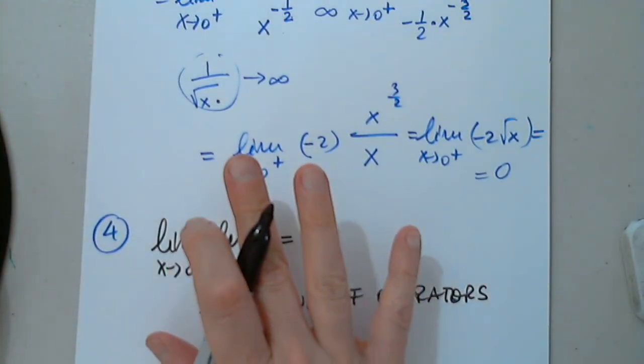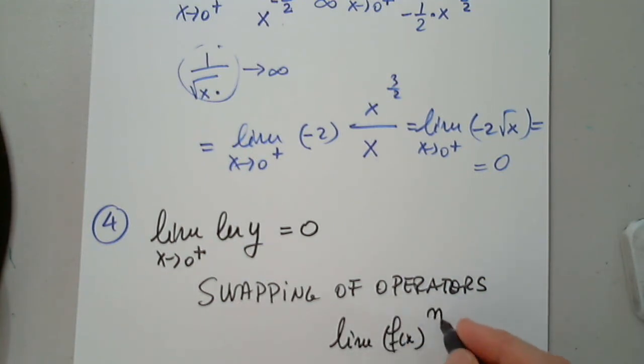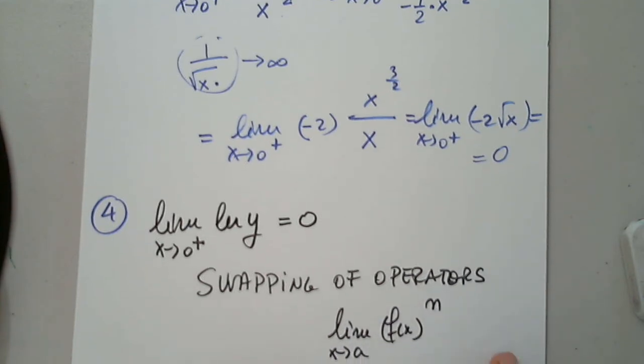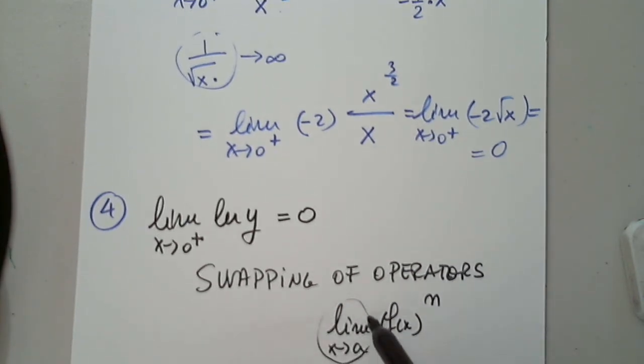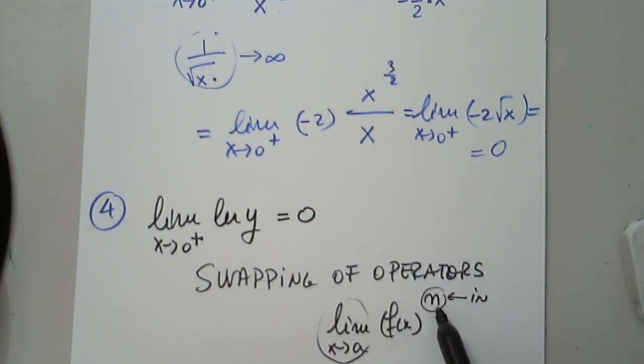Let me give an example before I do whatever I need to do here. We looked at the limit of f of x raised to power n as x approaches a. This is an operator that is the outer operator, out. This is the operator that is in. It's the one that touches the function first. But I can swap them.